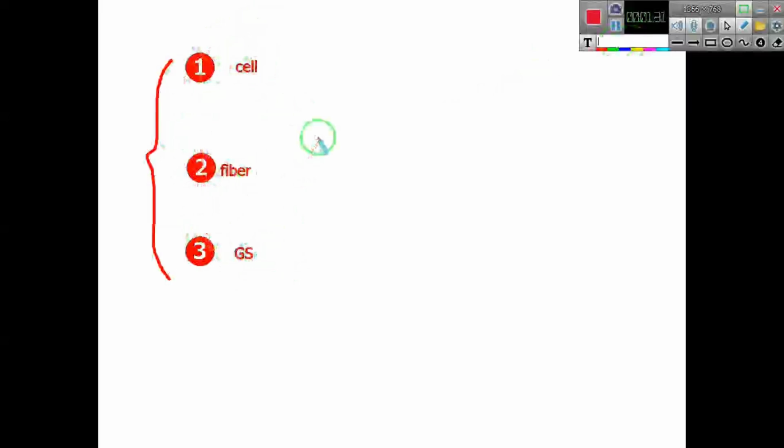At first possibility, we have a connective tissue with equal proportion of all these components. So we have 33% for cell, 33% for fiber, and 33% for ground substance.